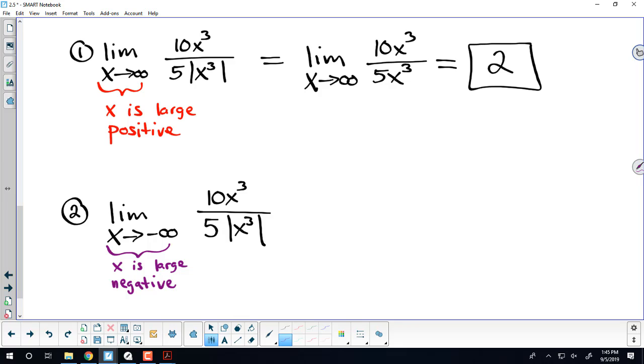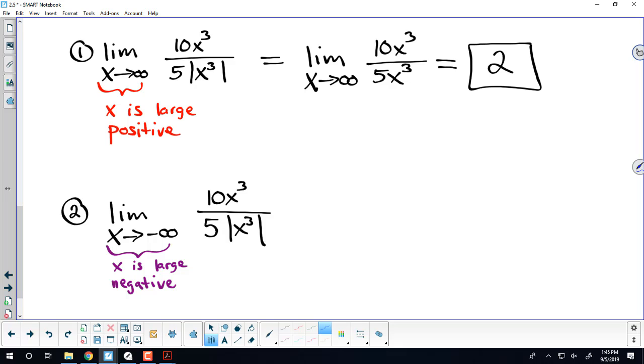This time x is a large negative number. What's the absolute value of x cubed when x is negative? Negative x cubed.